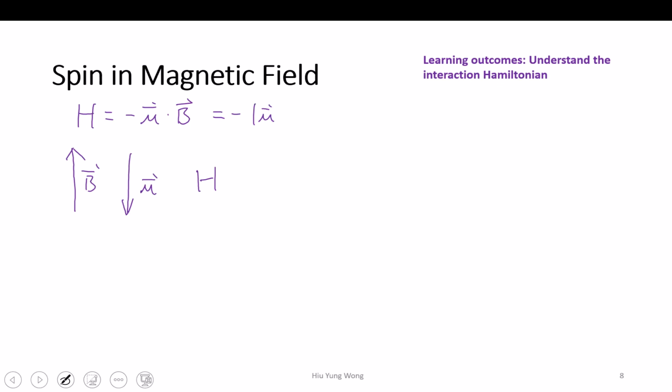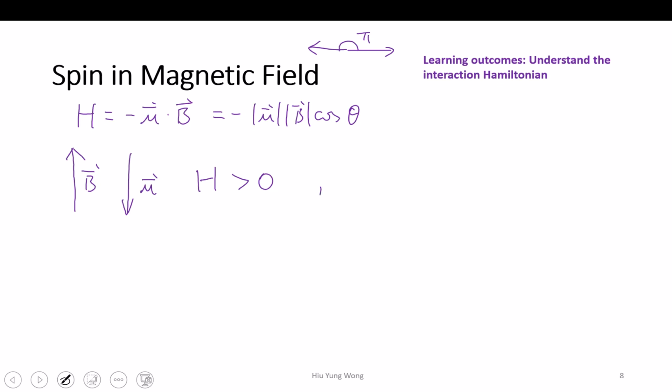It is the magnitude times the magnitude times cosine theta, where theta is the angle between them. When they're pointing in different directions, theta is what? 180 degrees, pi, right? So cosine theta is -1. So if they're pointing in opposite directions, you actually will have a positive energy, so your system's energy will increase.